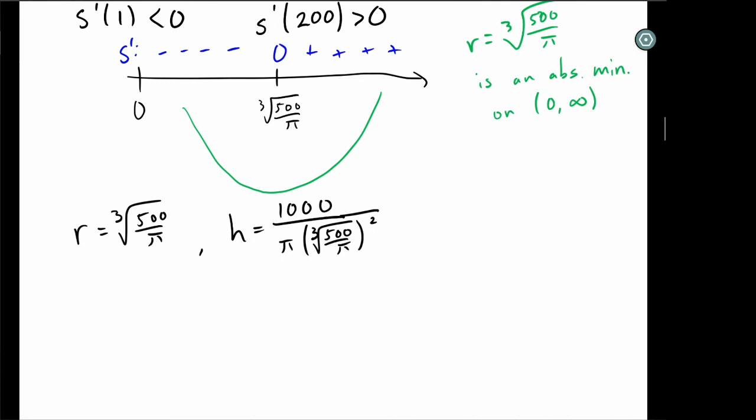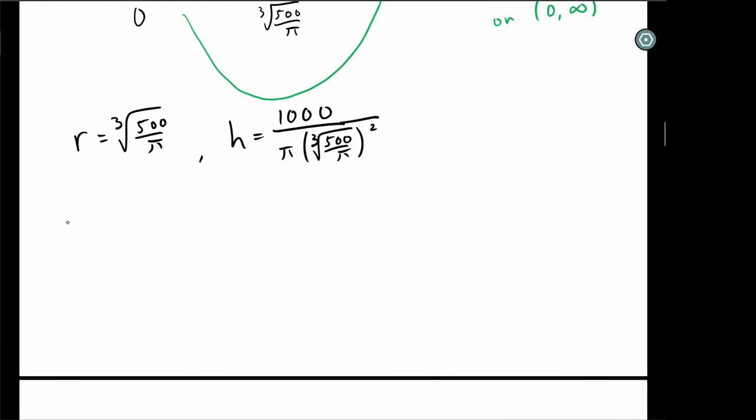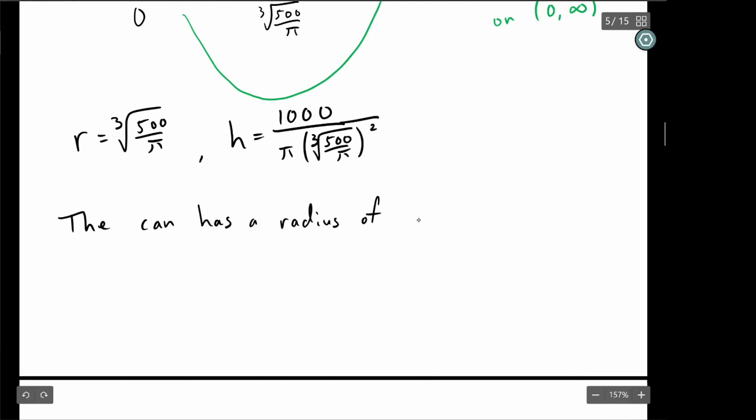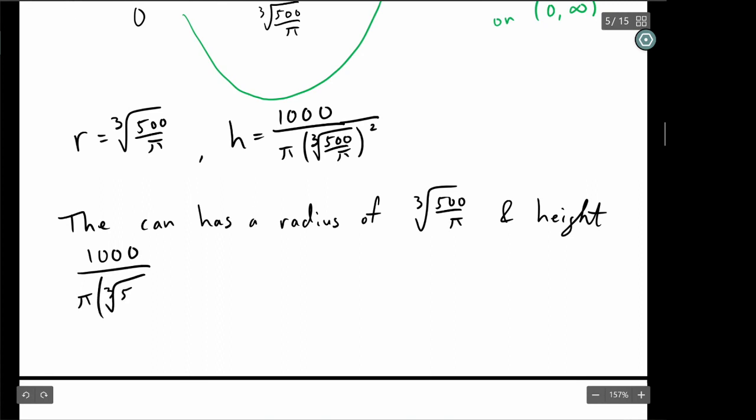So that's some number. We'll say here that the can has a radius of the cube root of 500 over pi and height 1,000 over pi times the cube root of 500 over pi, squared. These are both in centimeters here.